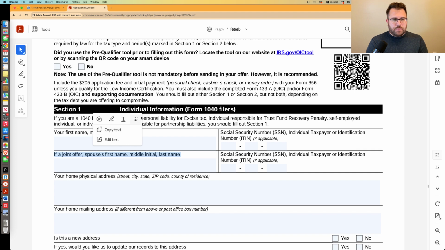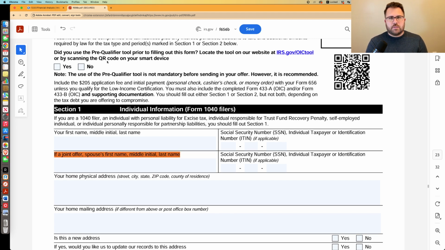If your spouse is not liable for the debt, then the offer is not being made on behalf of the spouse, right? Does that make sense? The offer and compromise is an offer from a taxpayer or taxpayers with joint debt to the government to settle their tax debt, okay?